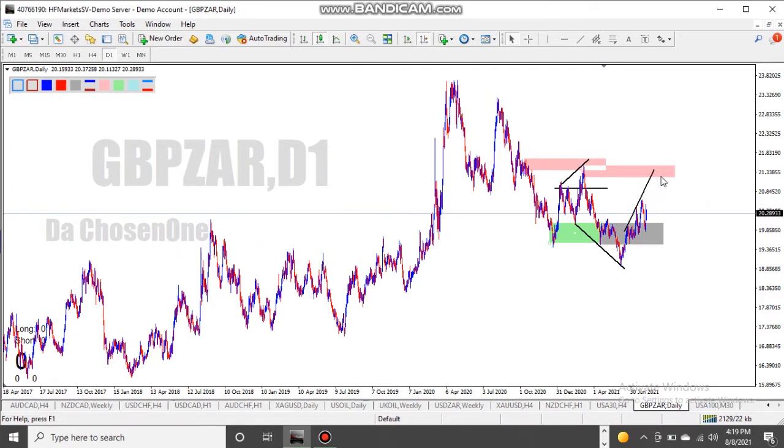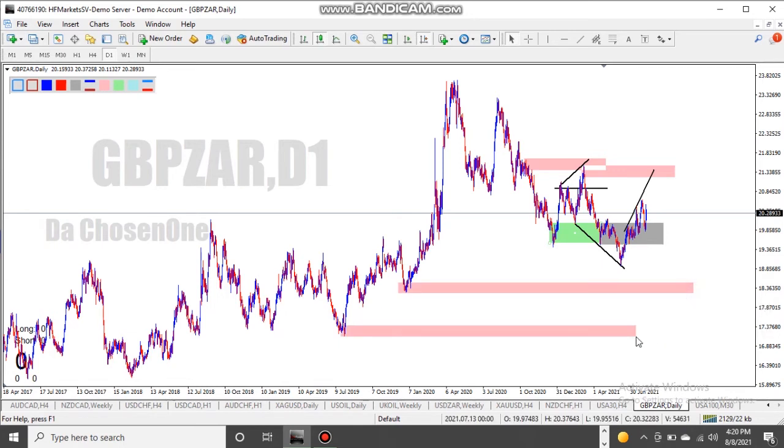When it reaches this area, I think it's gonna push down until somewhere around this area, or this demand area over here, because it's still fresh and untested.